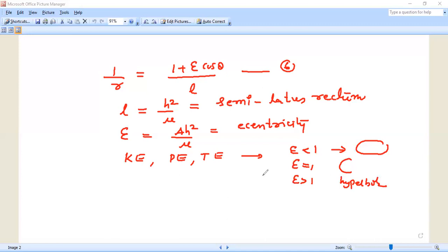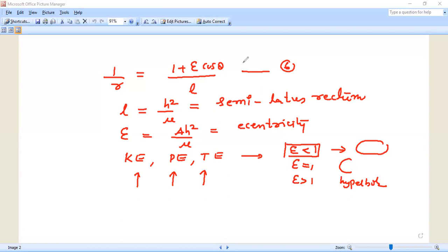So here we have to show epsilon less than 1. For that, our approach is first we calculate kinetic energy, next potential energy, then total energy. Next, by doing some simplification, finally we will prove epsilon less than 1. Therefore, the orbit followed by the planet around the sun is an ellipse.